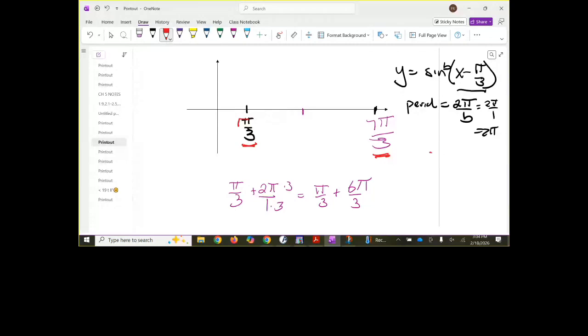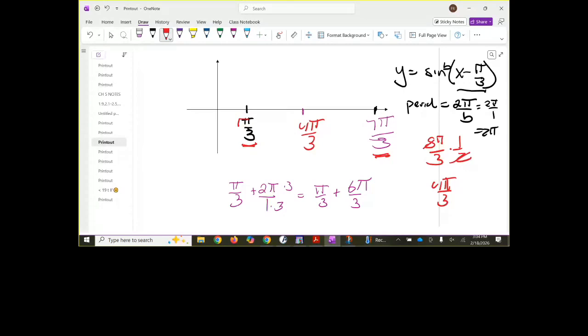I'll give you a hint. It's going to be over 3. What do you think pi over 3 plus 7 pi over 3 is? 8 pi over 3. Good. Boom. Remember what we got to do now, y'all? We got to find half of it. Okay. If we find half of it, wouldn't that be 4 pi over 3? Boom. There we go. Okay.